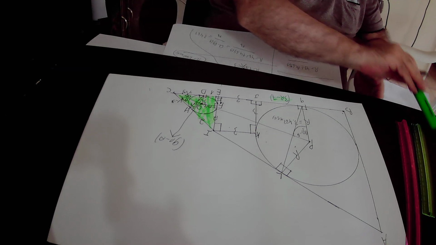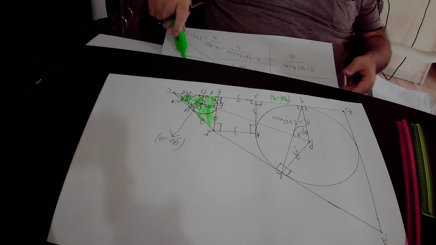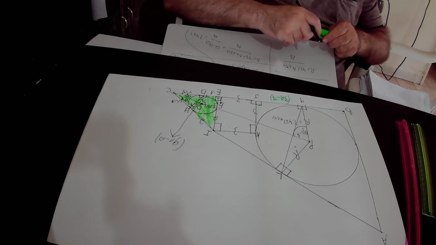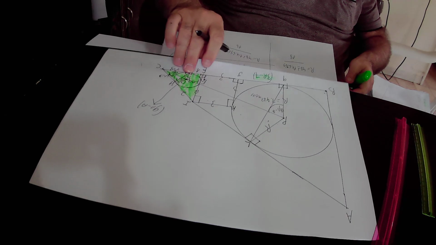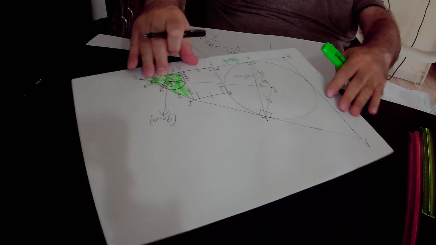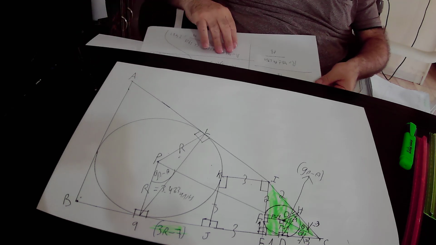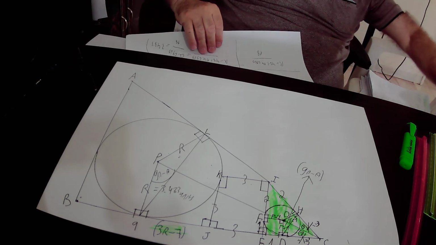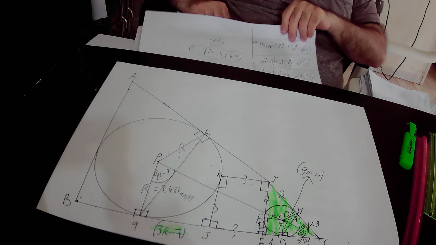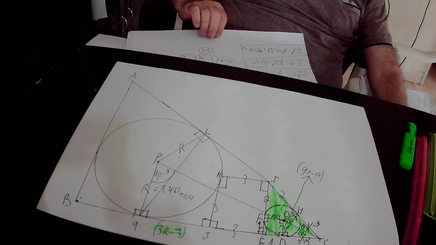Okay, so in the drawing we have a big triangle. Inside the big triangle we have two circles and the square.